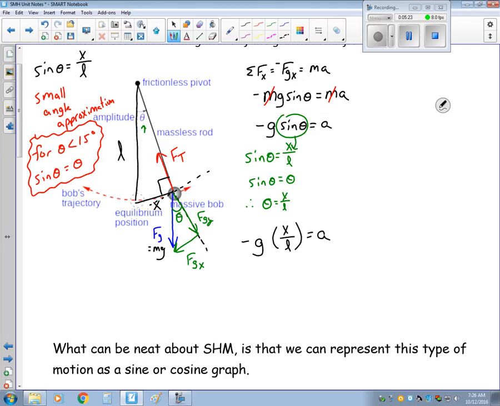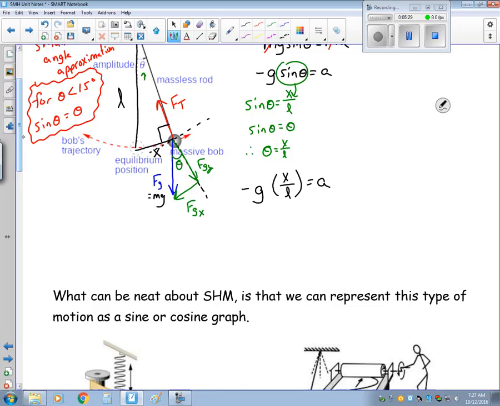All right, now realize that acceleration is the second derivative with respect to position. So I'm left with negative g times x over L equals d squared x over dt squared.